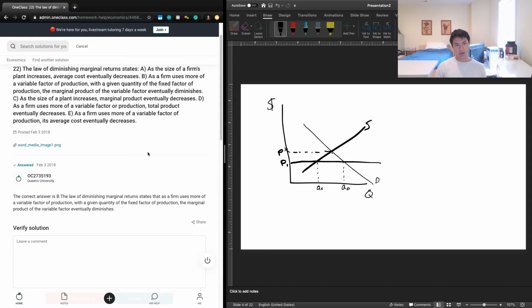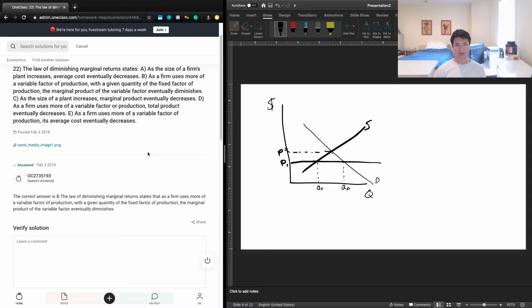And so what we're looking at here is the relationship between diminishing marginal returns and basically the definition that it has, right? And so let's go down the line here and see which one of these answer choices is going to be the best. So the first answer choice says, as the size of a firm's plant increases, average cost eventually decreases.